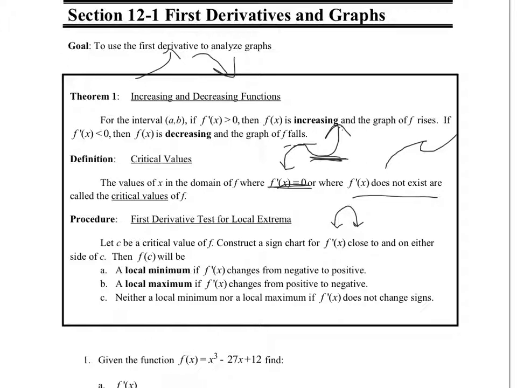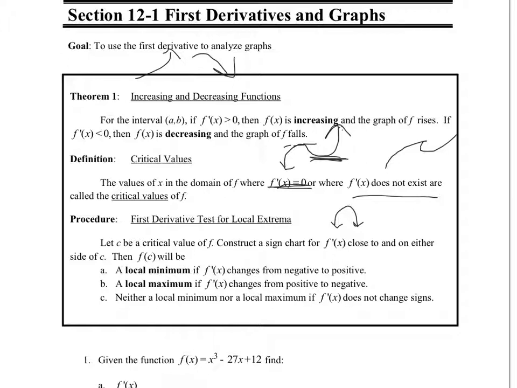If, on the other hand, I go from positive to negative, then that would make it a local what? Oh, come on. From positive to negative. That'd be a local maximum, exactly. And if you need to, use the little hand signs to help you figure this out.